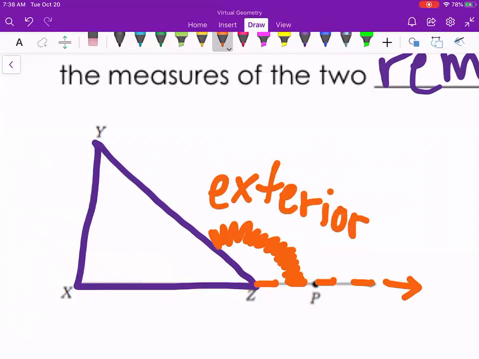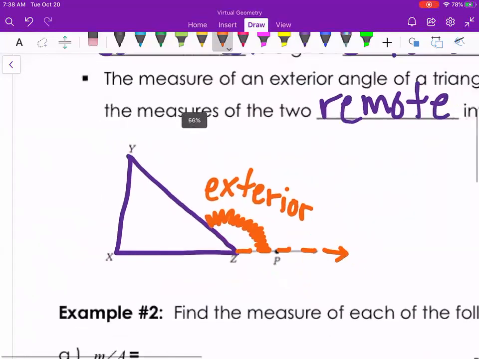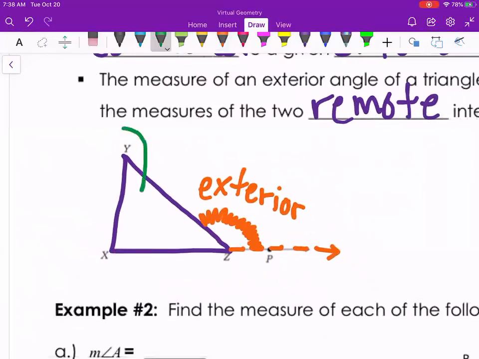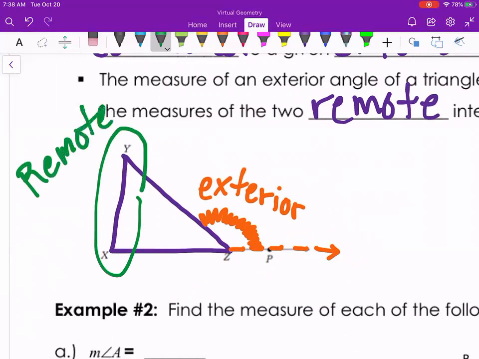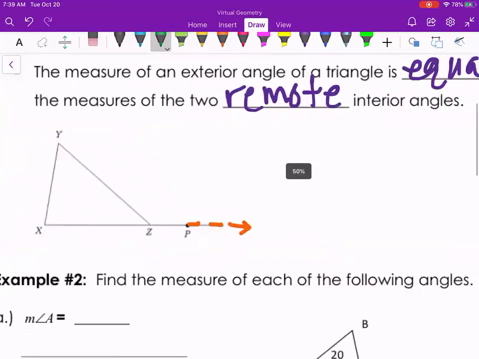Now, the 2 angles that are not touching that exterior angle, those are the remote interiors. So in this case, that is angle X and angle Y. And what the theorem says is that if we add these up, they should be equal to the exterior angle.